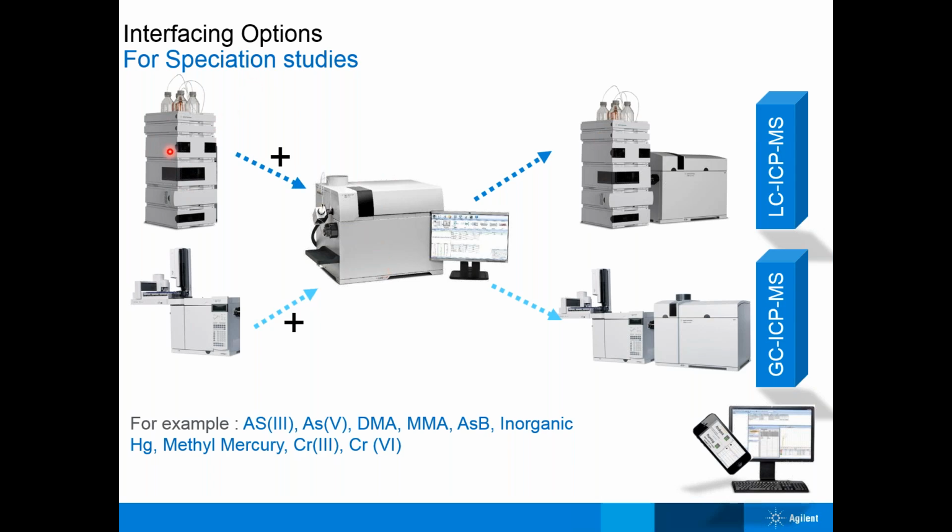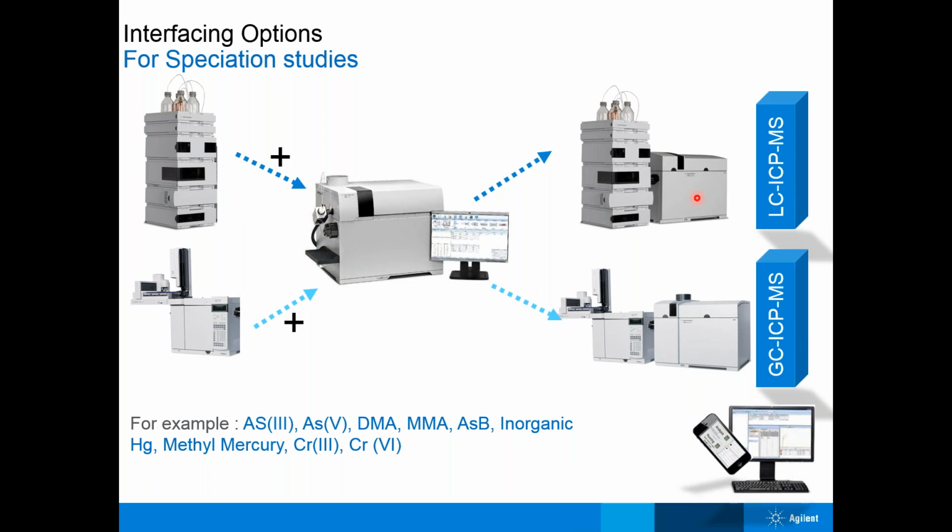Whereas if you hyphenate the HPLC with the ICP-MS, it will give you trivalent arsenic, pentavalent arsenic, dimethyl arsenic acid, and monomethyl arsenic acid, which is the regulatory requirement as per the European norms in rice. So you can easily do all those speciation studies by using the LC-ICP-MS.